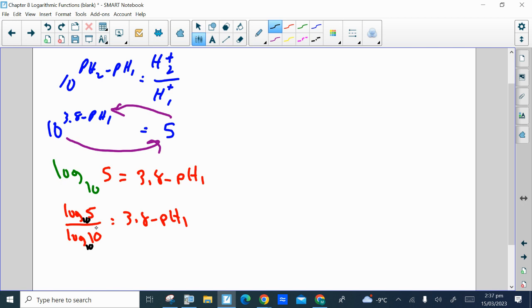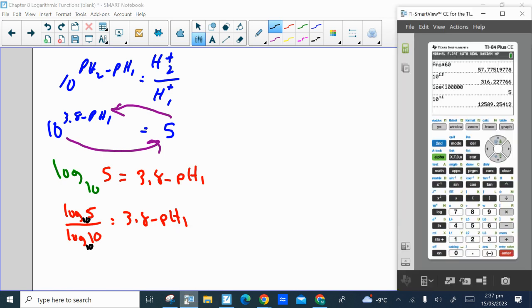Or if you use the change of base identity again, it'd be log 10 over log 10, which is 1. So really, it's just the log of 5 over 1, or the log of 5.